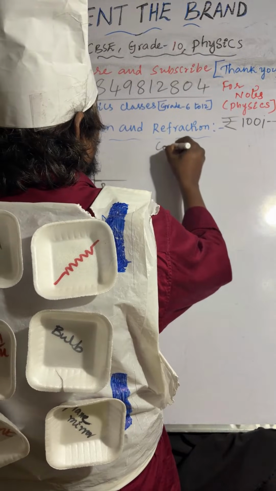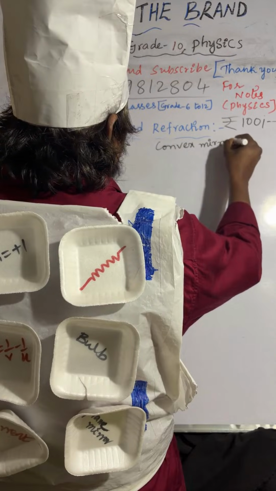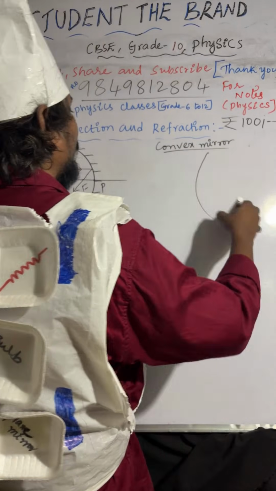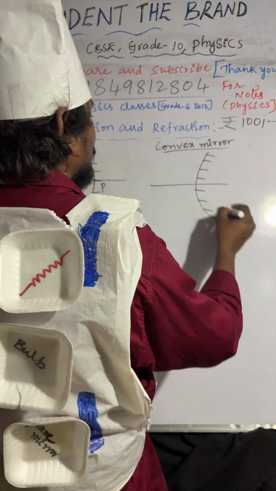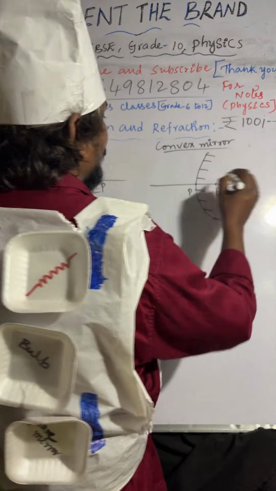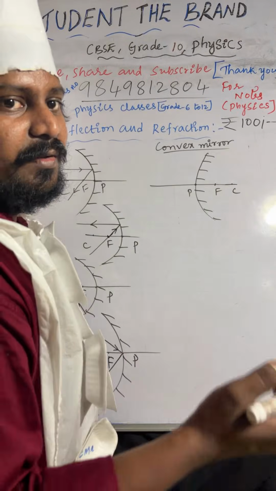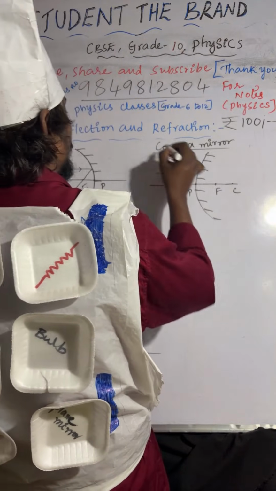Coming to the convex mirror. Okay, so here you can see, I am taking the convex mirror like this, with the pole, focus and center of curvature. A light ray coming from infinity, after reflection, passes through the focus.